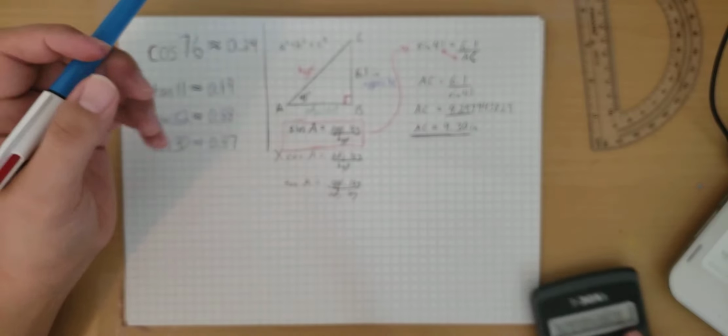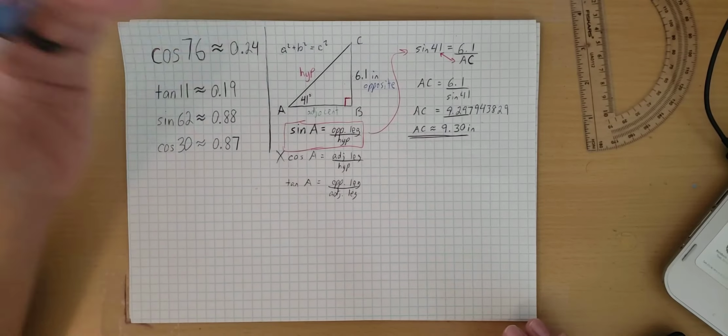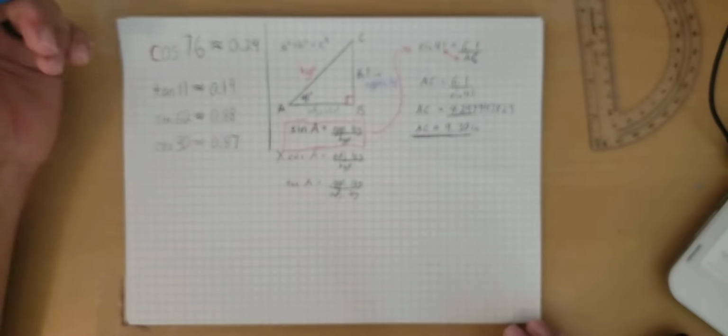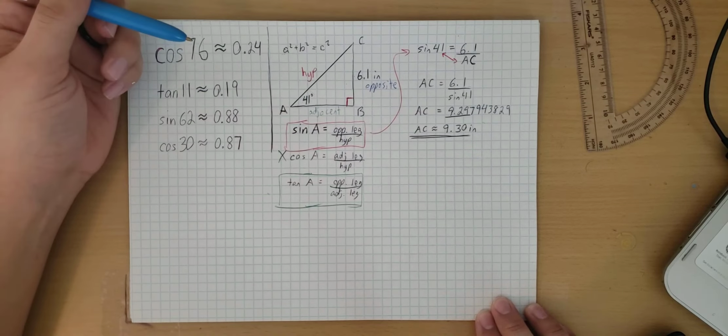Okay, so now what about the adjacent side over here? Well, we know 6.1 is the opposite, AB is the adjacent, so we turn to tangent.